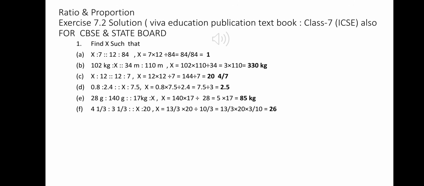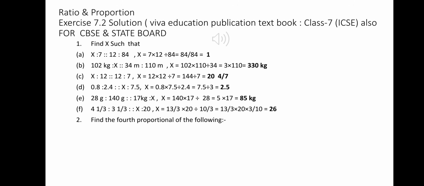Therefore 13 into 3 into 20 into 3 divided by 3 into 10. The 3 gets cancelled, then 20 divided by 10 is 2. So 13 into 2 is 26. 26 is the answer.